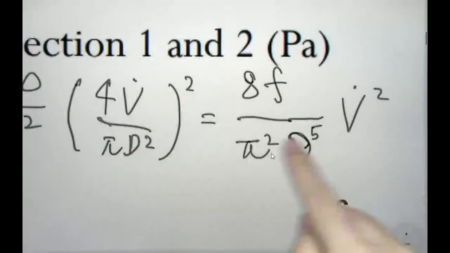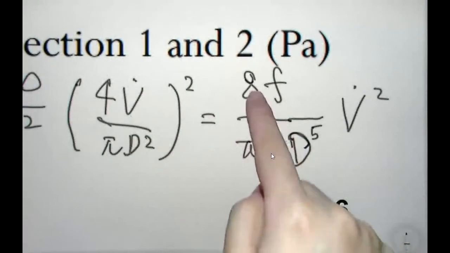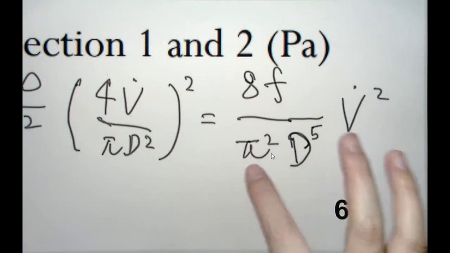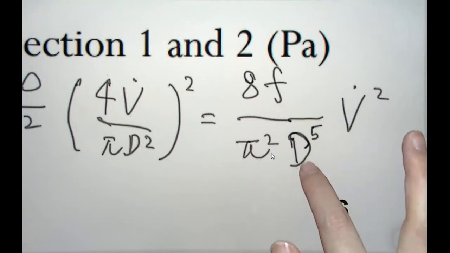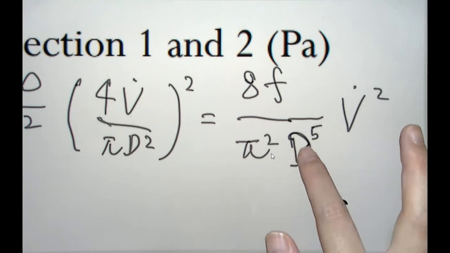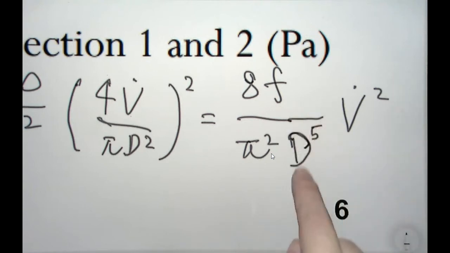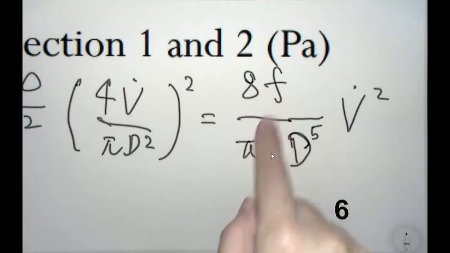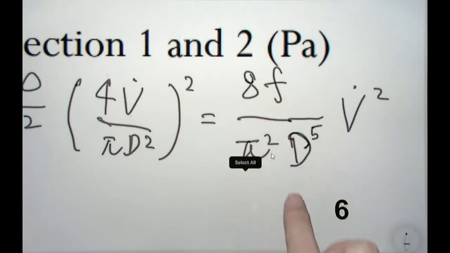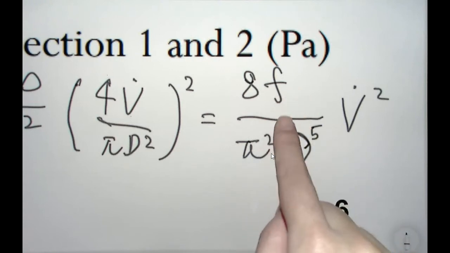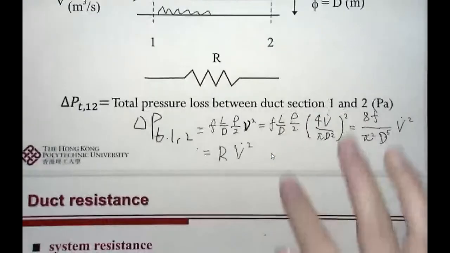The R resistance equals 8 times friction factor divided by a parameter and divided by D to the order of 5. For each duct section, the diameter is a fixed value, and the friction factor is also a parameter for each duct section. So for one specific duct, this value R is a fixed value.